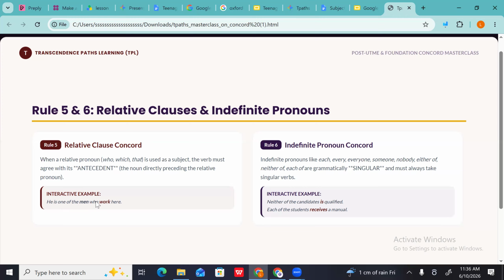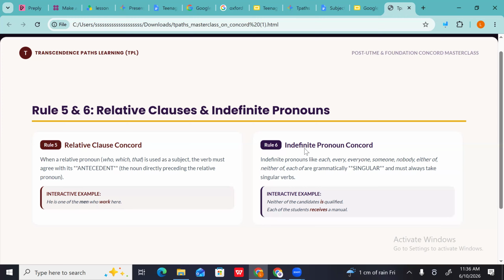It could be who, sometimes you can have which. So the antecedent will directly determine what? The verb. The antecedent here is what? Men. Men is plural, so that would definitely attract what? A plural verb, which is walk. He is one of the men who walk here. That's it.